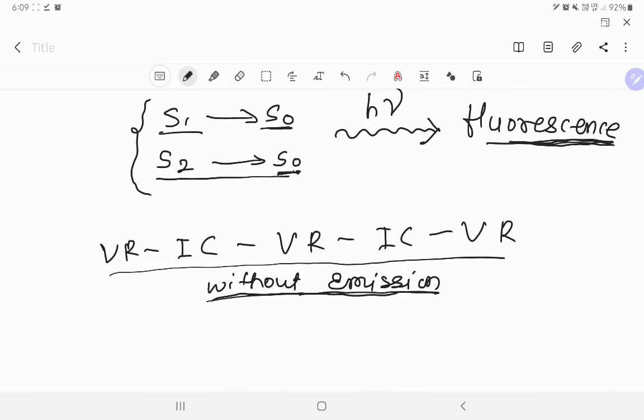And what is fluorescence emission? It is the transition from a higher singlet state to the ground singlet state with emission of radiation. Generally, this fluorescence emission has a low wavelength.